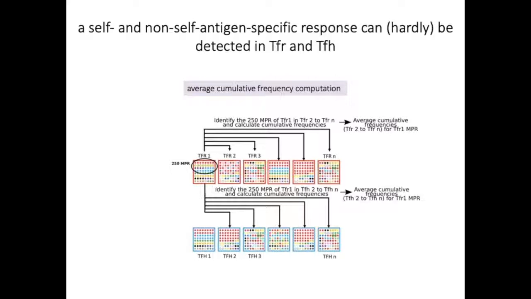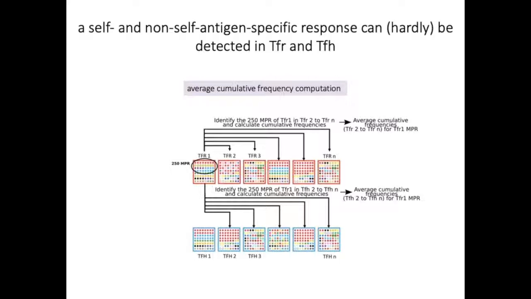So what we're doing here is selecting the first 250 unique TCR beta from, for example, the first sample of TFRs, TFR 1, and we're looking at how these 250 uTRs are represented in the other 5 TFR samples or in the other 5 TFH samples.